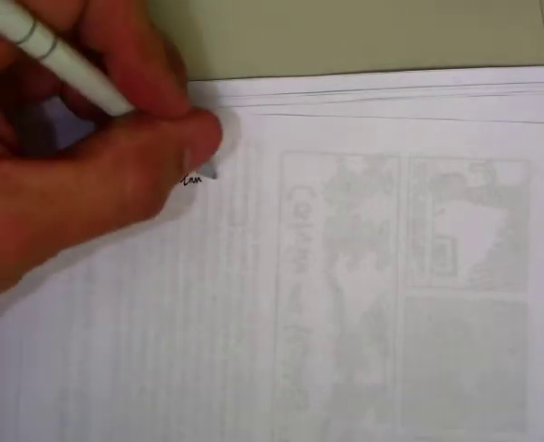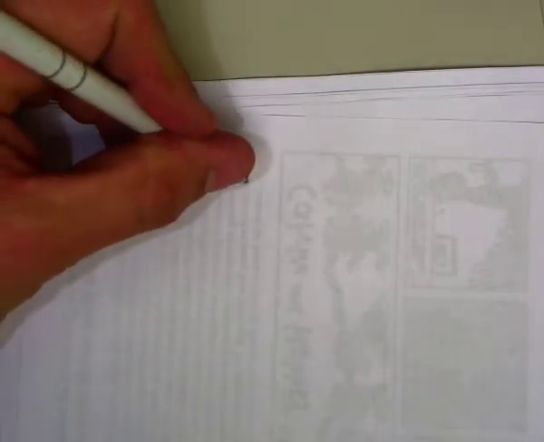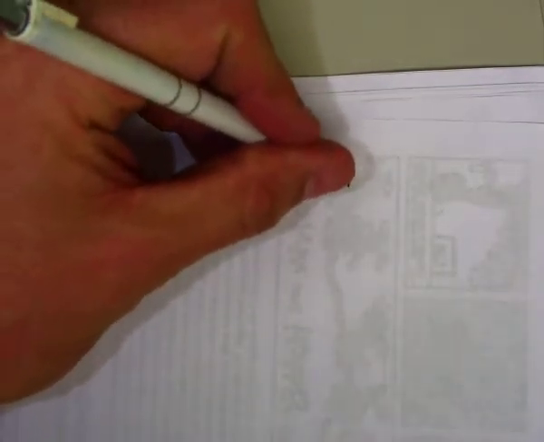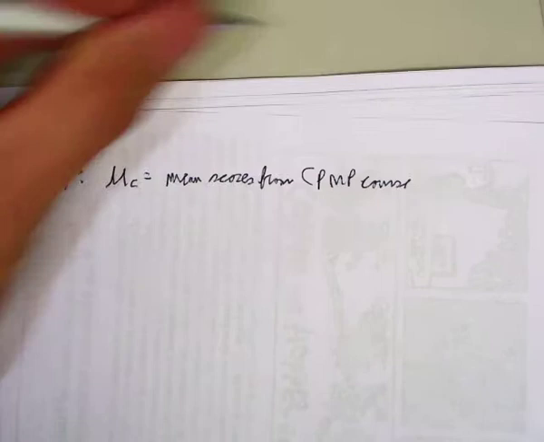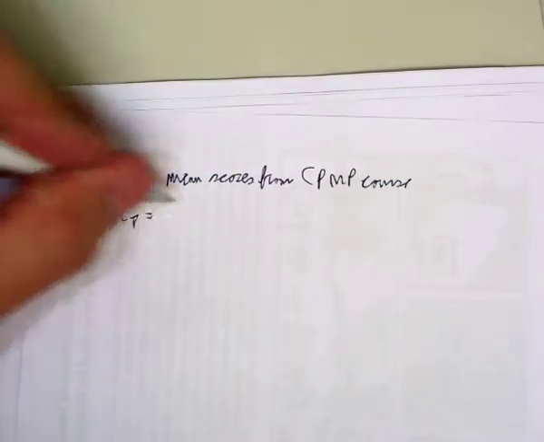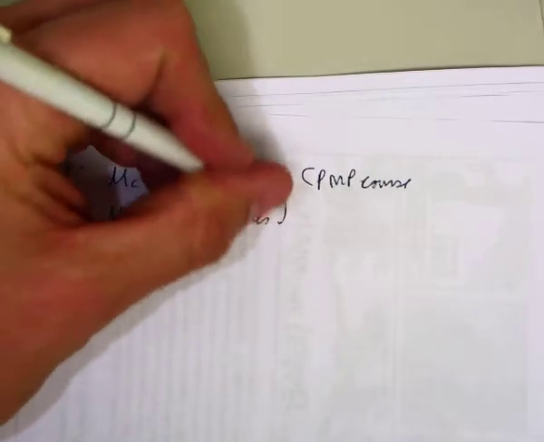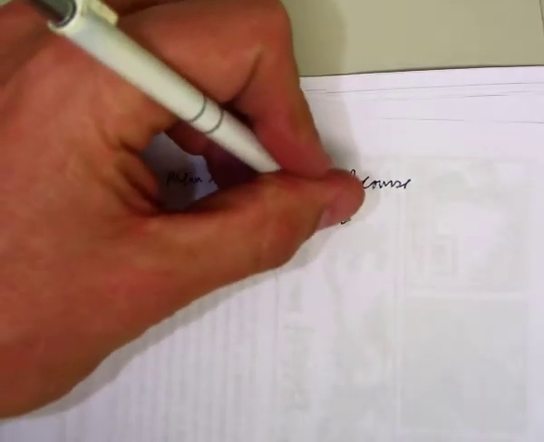So first we define our parameters. Our parameters here are mu of C, the mean scores from the CPMP course, and mu of T, the mean scores from the traditional course.